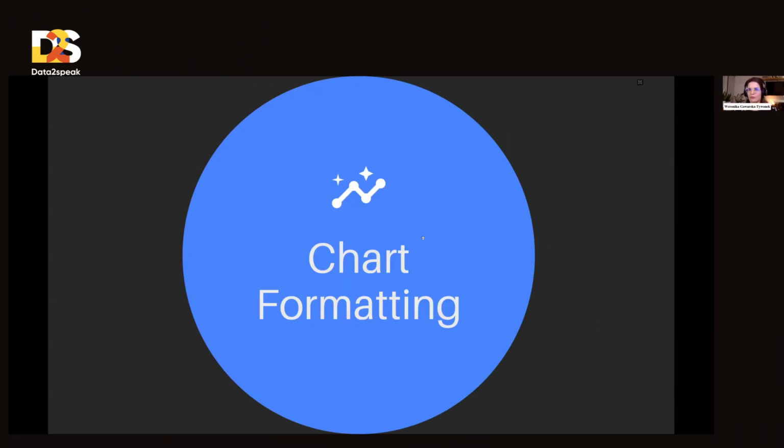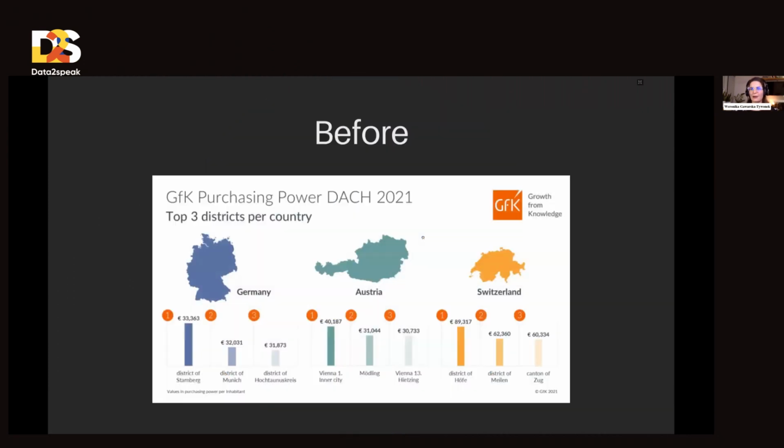And now we can jump to the last part, and this is the chart formatting. So I picked 3 different charts, and I'd like you to do a brainstorming. Those are the actual charts. This one is coming from GfK, one of the reports from the last year or 2 years ago.